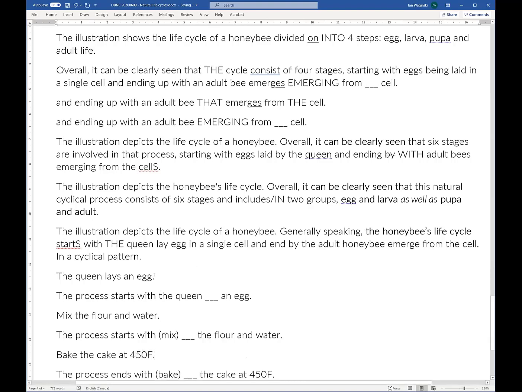The queen lays an egg. Simple sentence. When you put the process starts with the queen, what do we do with this? How do we change that verb?